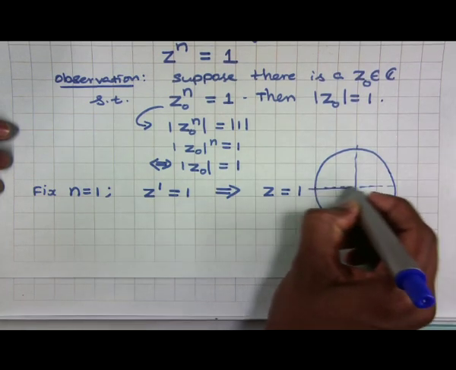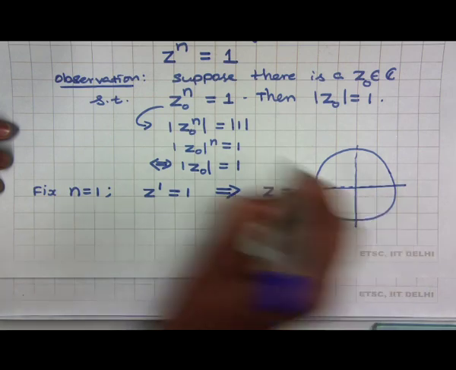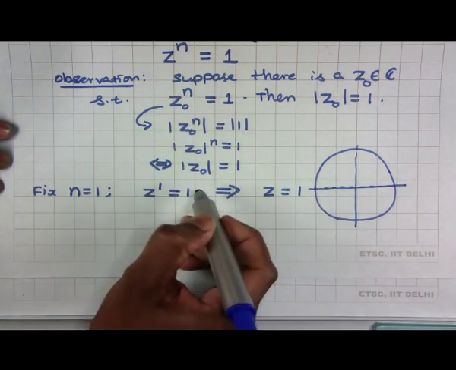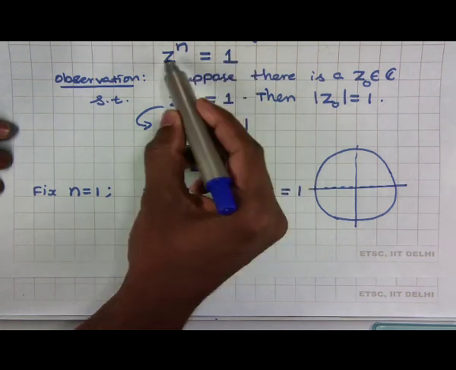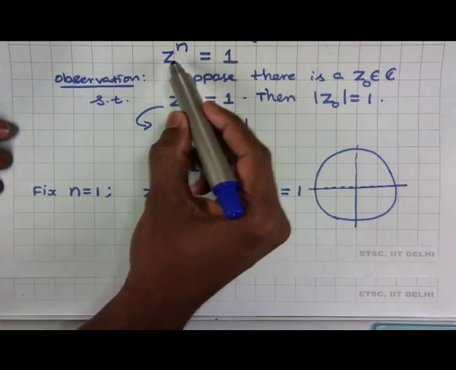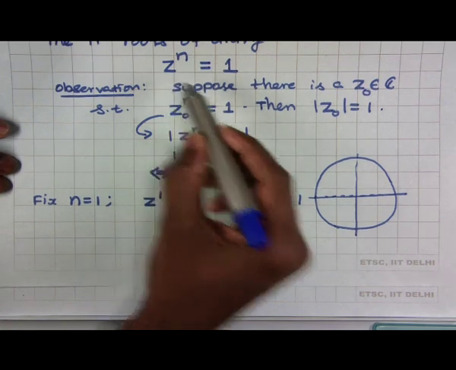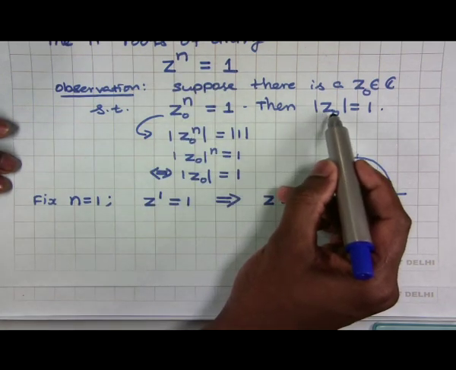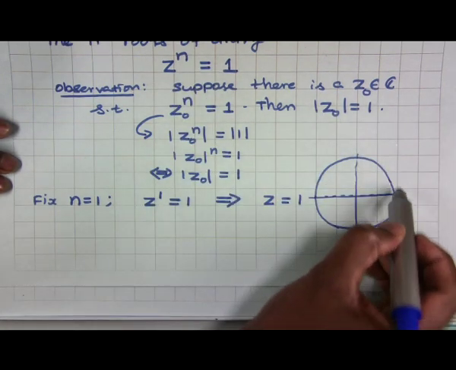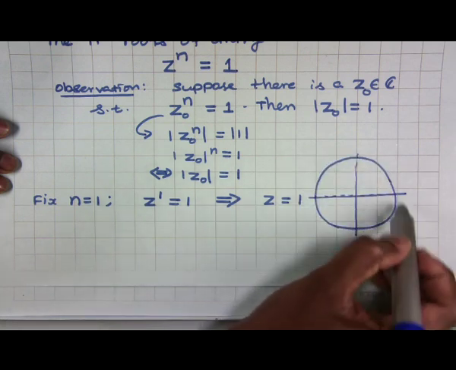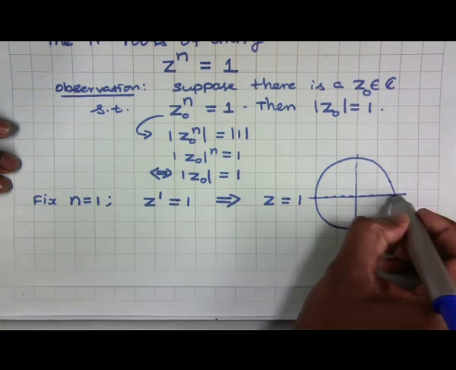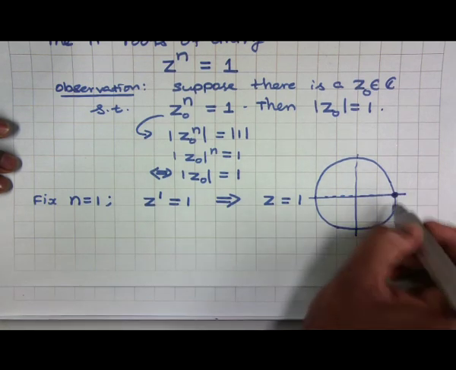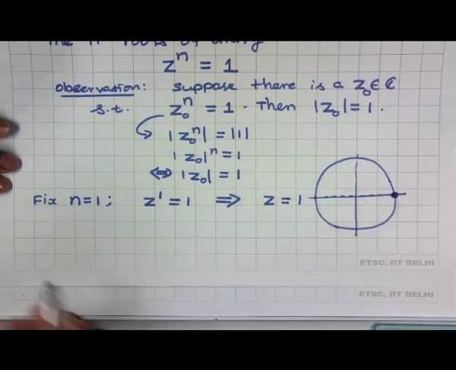First of all let me repeat the observation we made. When we are looking for nth roots of unity, any complex number satisfying this equation must have modulus 1, which means it must lie on the unit circle. So I have taken n equal to 1, which just means only one point, z equal to 1.